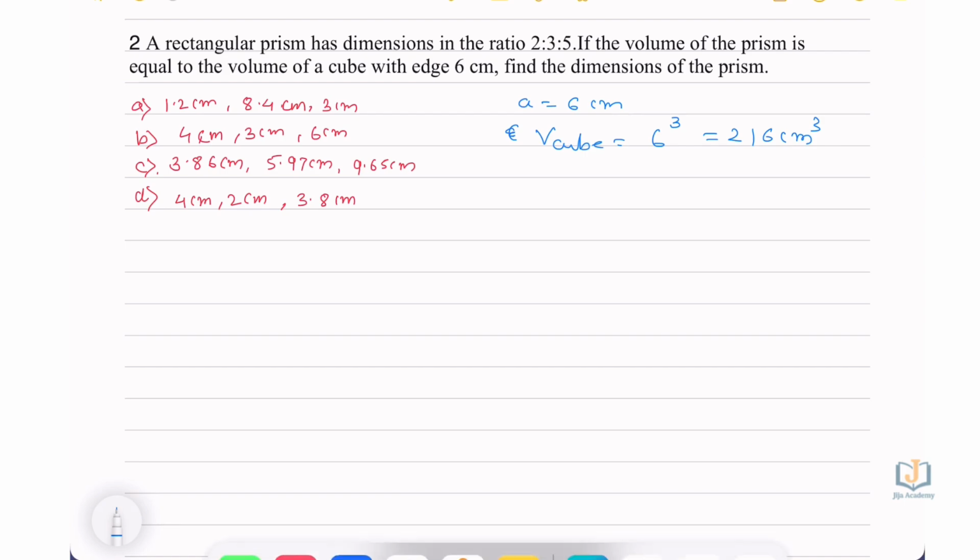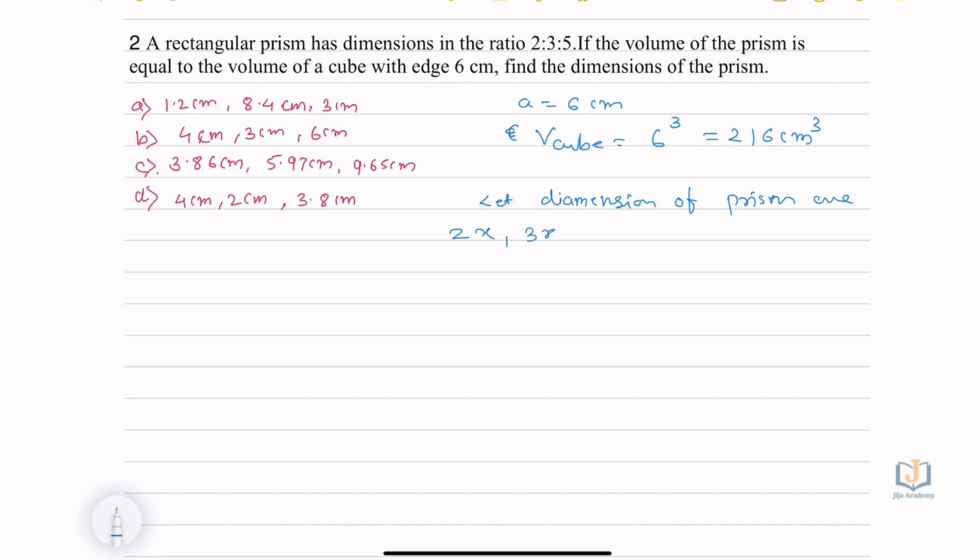Now let the dimensions of the prism be 2x, 3x and 5x. So the volume of the prism is equal to 2x into 3x into 5x, which is 30x³.